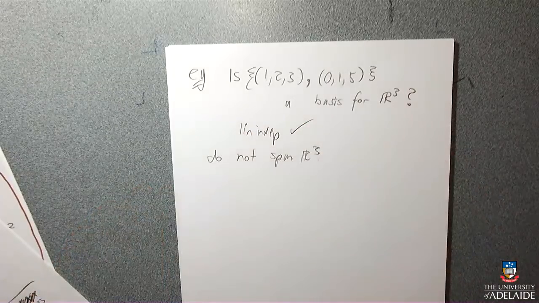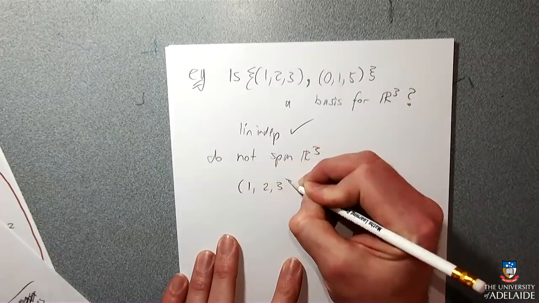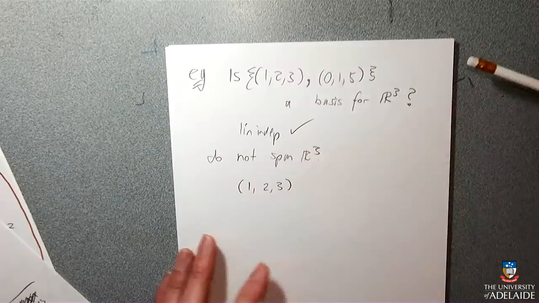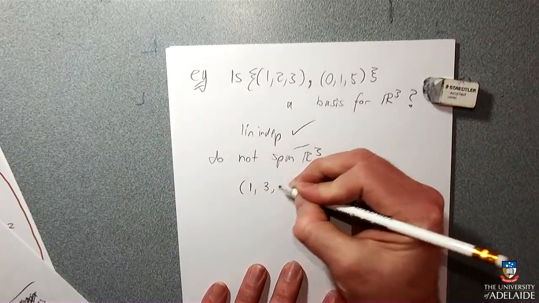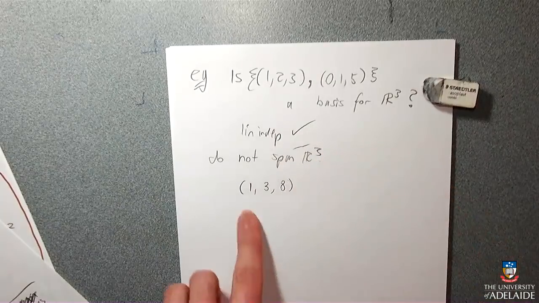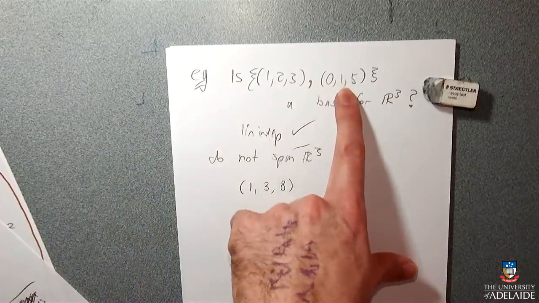I can tell you a vector that isn't in the span of those two. Don't write this down yet. 1, 3, 8 is definitely part of the span here, because there's this one plus this one.